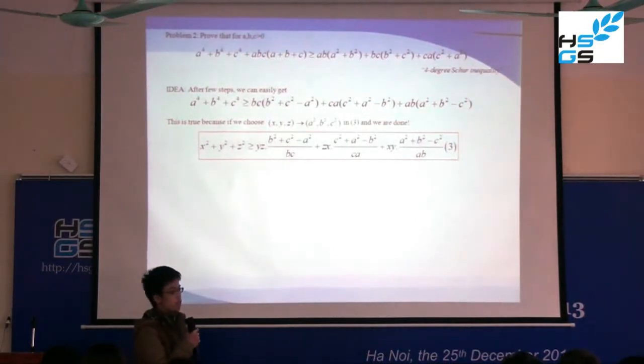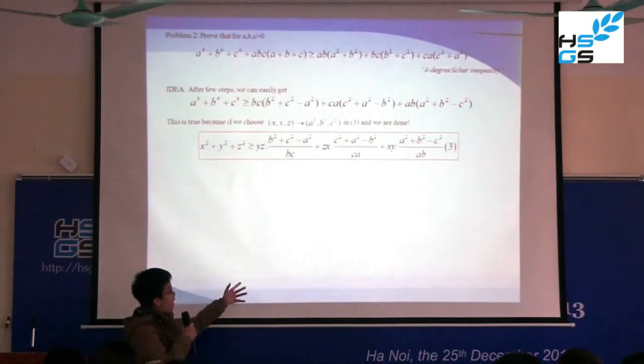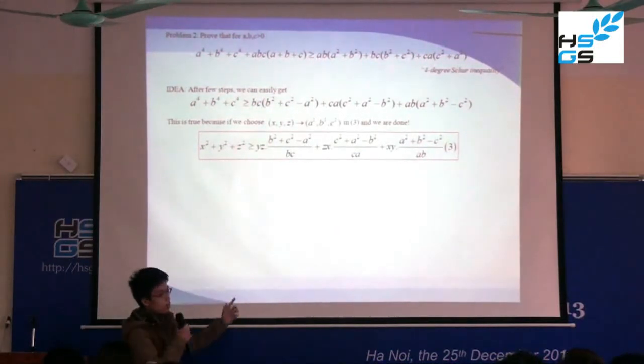And for these two, we have used the red box again, but not for the three variables x, y, z, but for the three variables a power 2, b power 2, and c power 2.